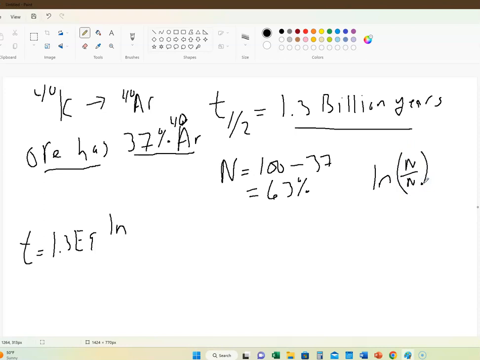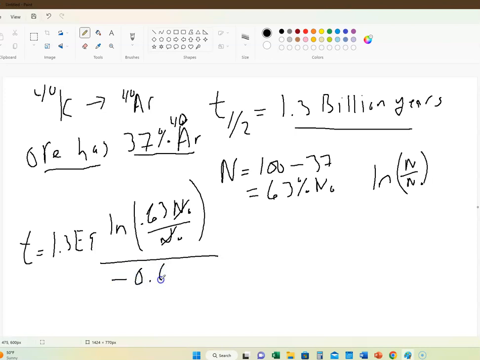Remember this 63%. This is 63% of N sub 0. So the N sub 0's cancel: 0.63 N sub 0 divided by N sub 0. So you're just taking the natural log of 0.63 and you divide by negative 0.693. Remember, we always divide by that same number.